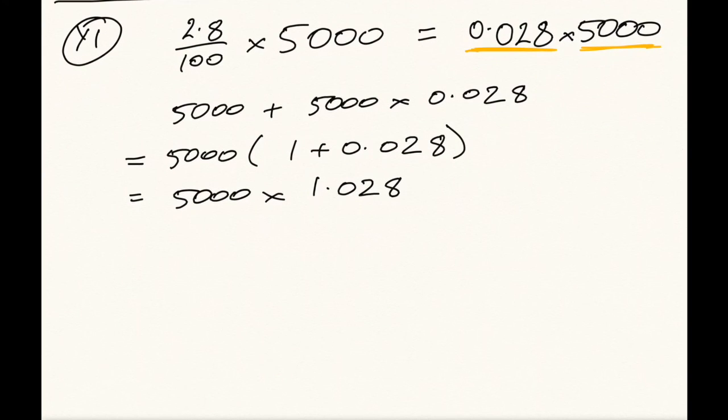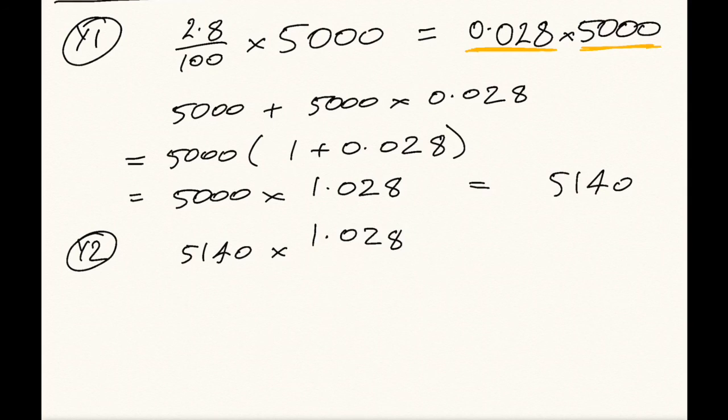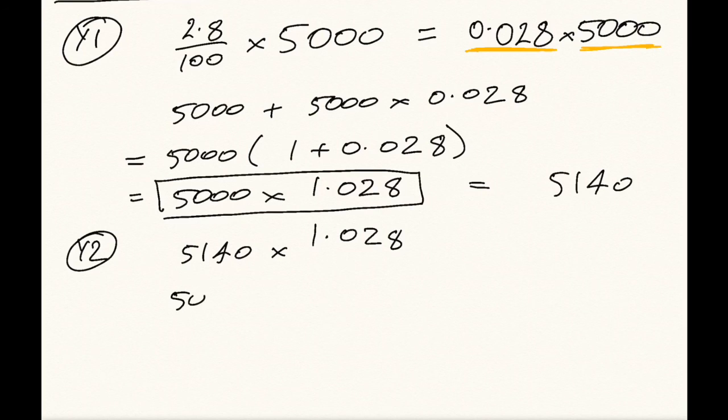We move on and look at year 2. Previously we started off with £5,140, which was the result of year 1, which I'll just jot down here. Instead of this, I'm going to put in this. So I'm going to have 5,000 times 1.028, which we know equals 5,140.